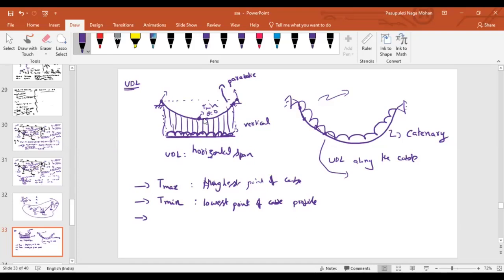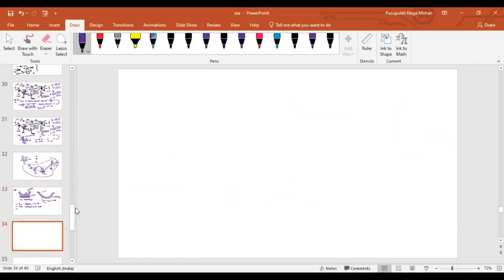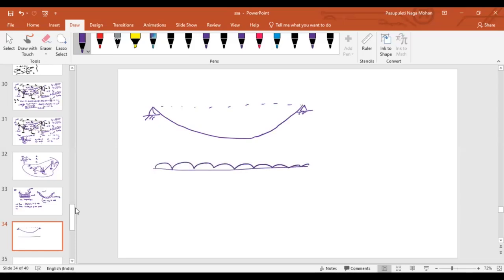Now, let us solve a problem here. Let us first solve the case where both supports are at the same level, and then in the next case we'll solve the other. Imagine that a UDL of 10 kilonewton per meter is acting on the horizontal beam, and the total length is 200 meters.